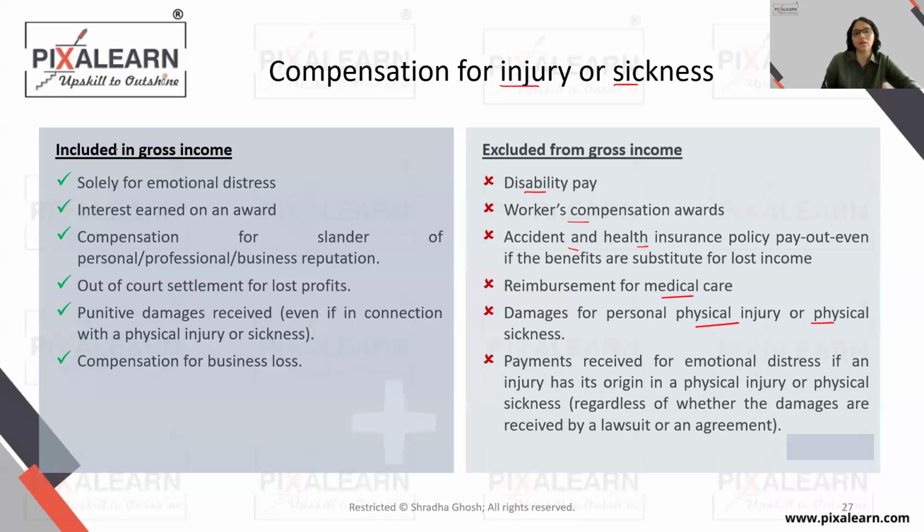But this is important. If somebody is getting payment only for emotional distress, and you're earning interest on that award, so I was supposed to get $1 million, I deferred that payment.